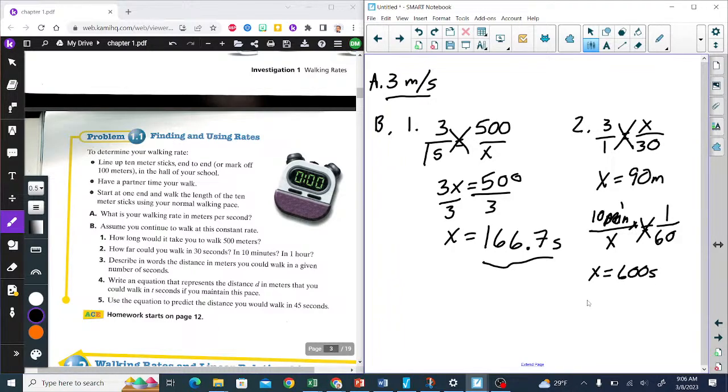So we're looking at 600 seconds. Then 3 over 1 equals x over 600, which means when we cross multiply, we have 1,800 meters.